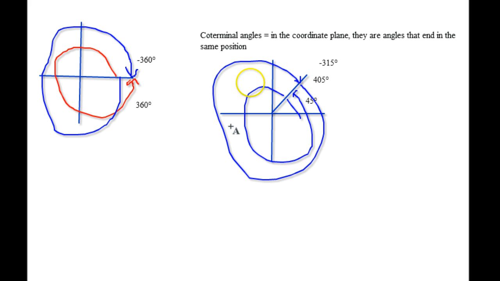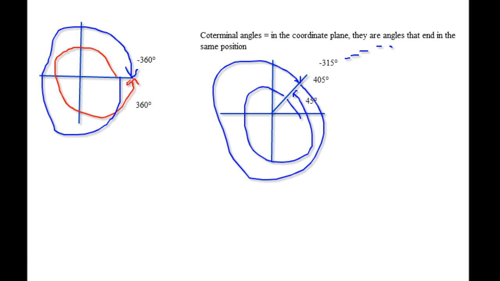As you can see, this is going to go on forever and ever, finding all kinds of angles that end in the same spot as 45 degrees. So that's coterminal: I could add or subtract 360 degrees to it. That one's pretty simple.